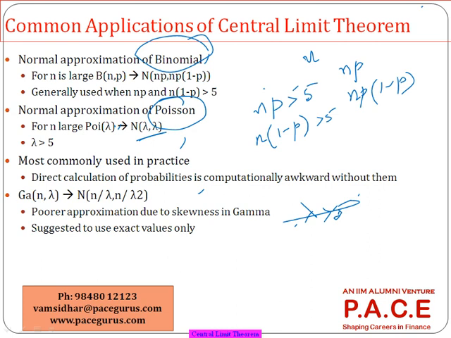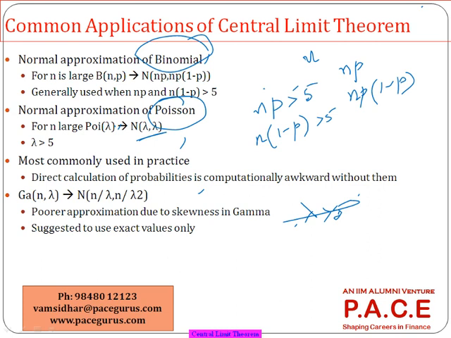So basically what we are saying is, even if a question is based on a binomial or a Poisson distribution, we can very well convert it into a normal distribution, especially if np is greater than 5 and n into 1 minus p is greater than 5 in case of binomial distribution, and lambda is greater than 5 in case of Poisson distribution.